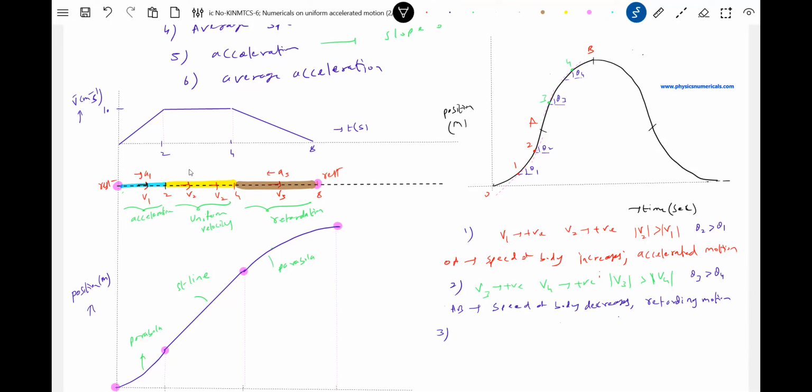The third one is for BC. For the part BC, we'll draw again a tangent. I will draw a tangent here, then I'll draw a tangent here. Look at the tangents, they're negative, no?